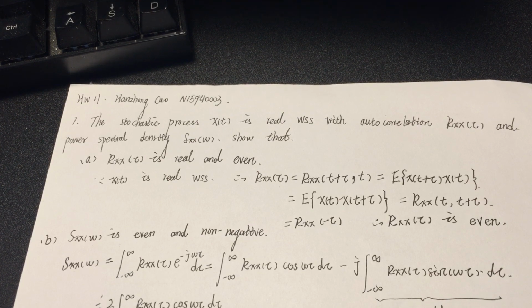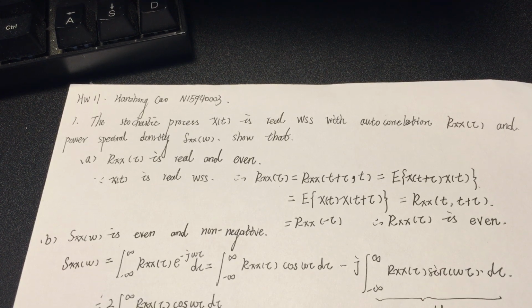Also, if we change the sequence, it equals the expectation of X(t) multiplied by X(t plus tau). Therefore, it also equals Rxx(t, t plus tau).